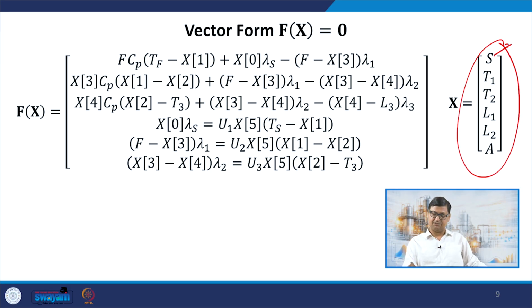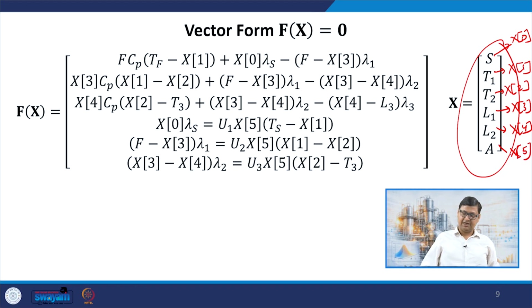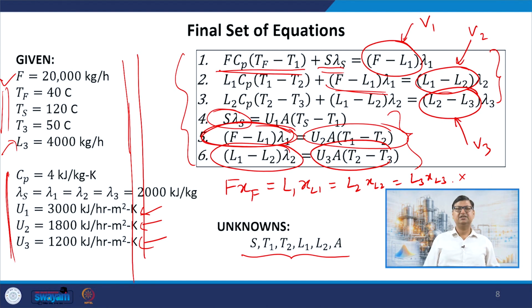So S becomes my x0, the 0th element, T1 becomes x1, T2 becomes x2, L1 becomes x3, L2 becomes x4, and A becomes x5, the 6 elements of X. And now when I write the function vector, essentially I wrote these 6 equations all in the f(x) equal to 0 form. So basically the right hand side goes to the left hand side, so that the net final right hand side is 0. That's what I am doing.